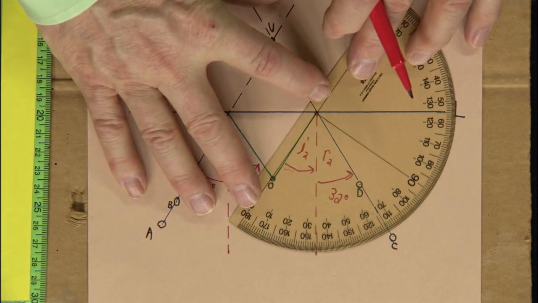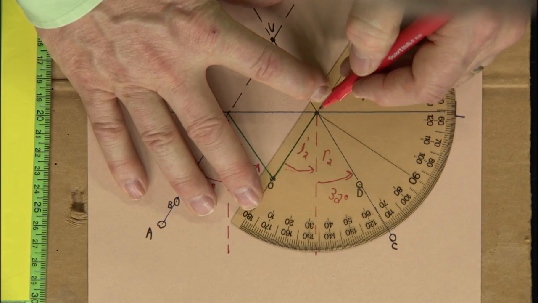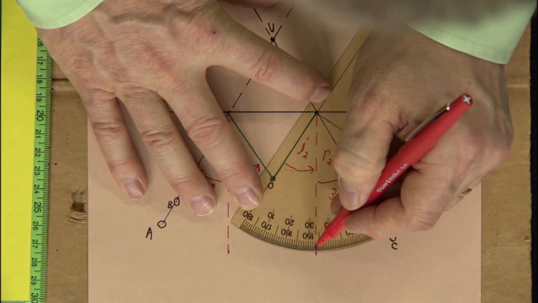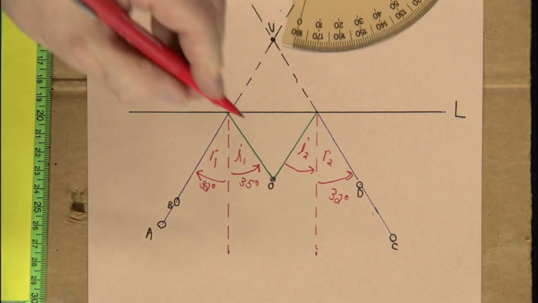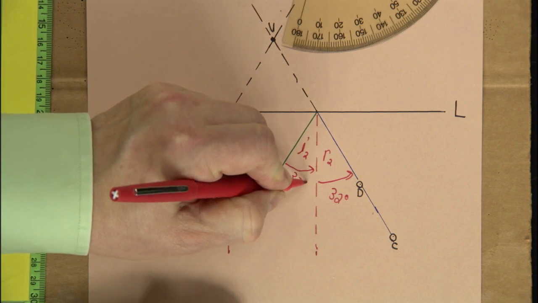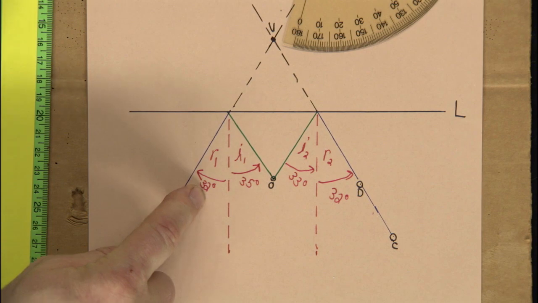Let's see about the incident from O to my normal. That's about 33 degrees, so a little bit closer, 32 and 33, 32 and 35.